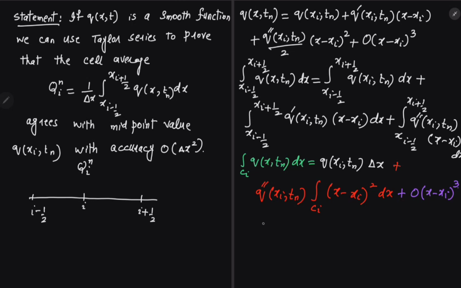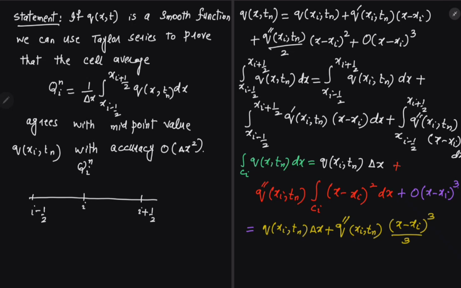We integrate that right hand side: Q xi Tn delta x plus Q double dash xi Tn, and this will be equal to (x minus xi) cube divided by 3.